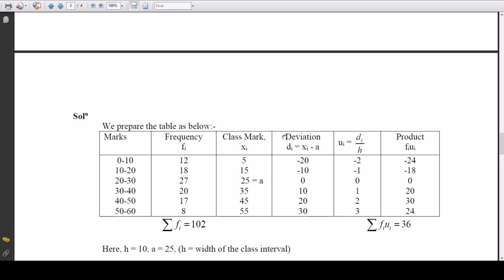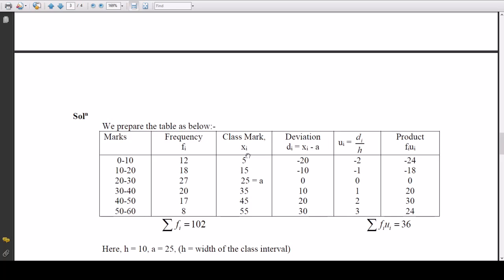This is division, and then the third method is frequency with the step deviation. You have to multiply. This means we are multiplying with a smaller number. That will be easy for us to multiply, and at the same time easy for us to add the sum.